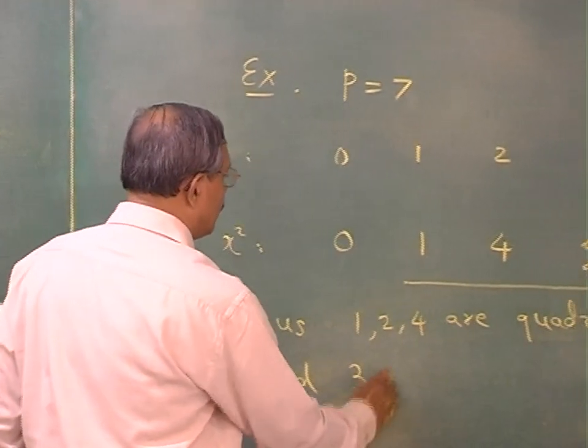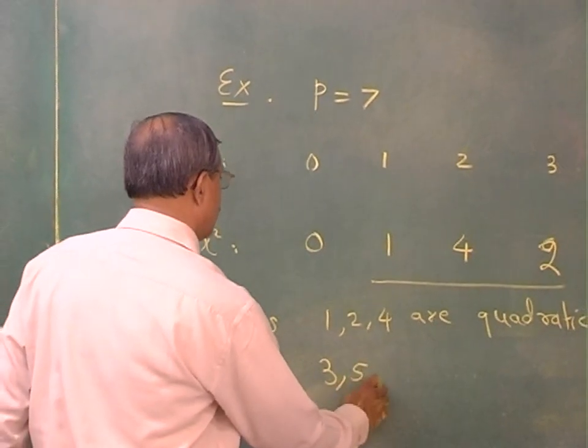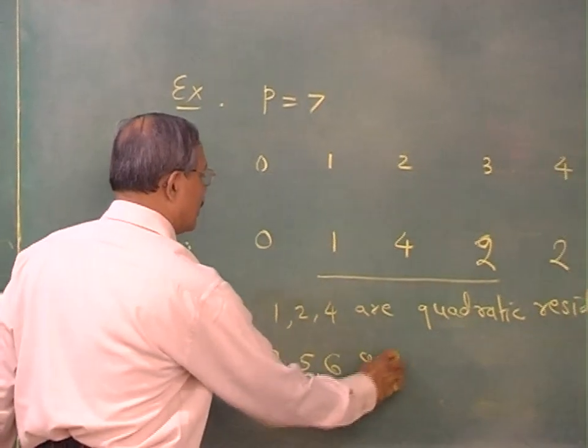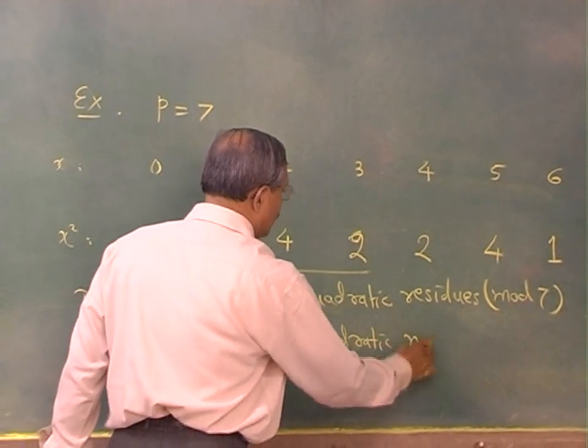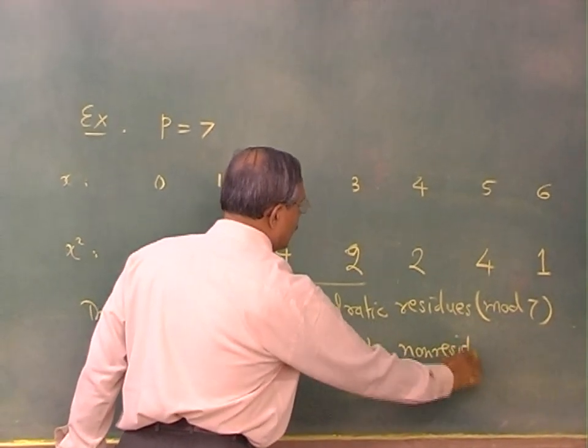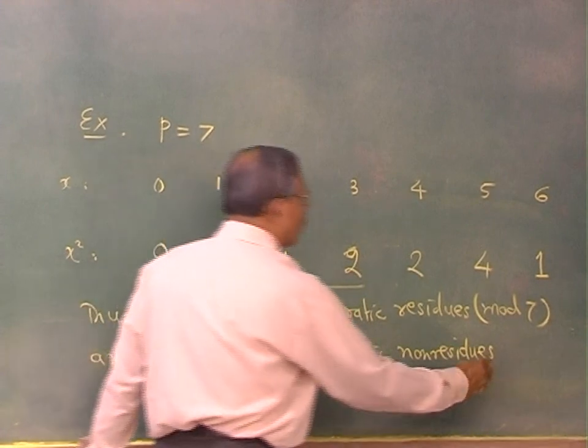And 3, 5, 6 are quadratic non-residues mod 7.